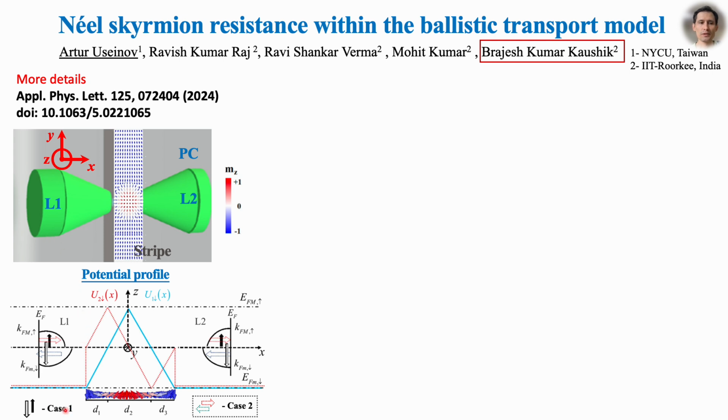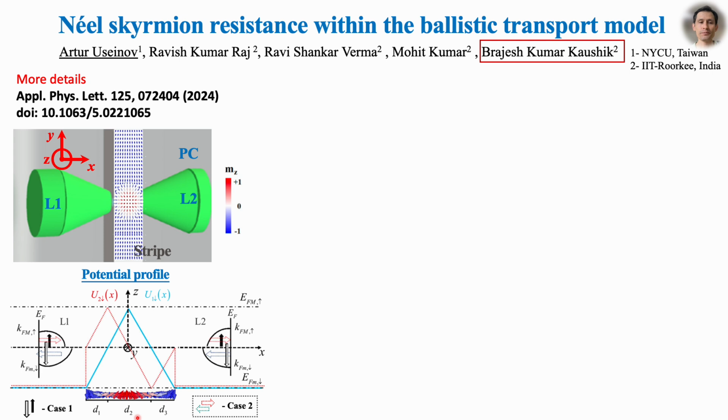First type is when the spin polarization is aligned perpendicular to the transport direction. And second case, case 2, is when the spin polarization is aligned along the transport direction. For case 1, the potential profile for the spin down will be as a blue solid line like this.